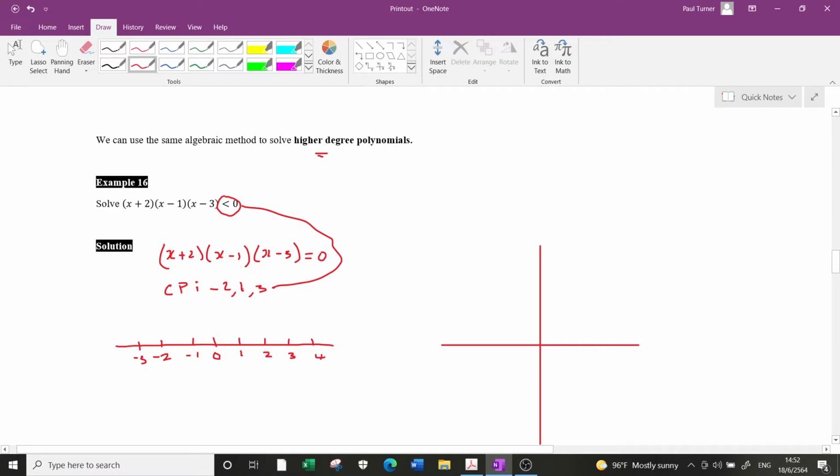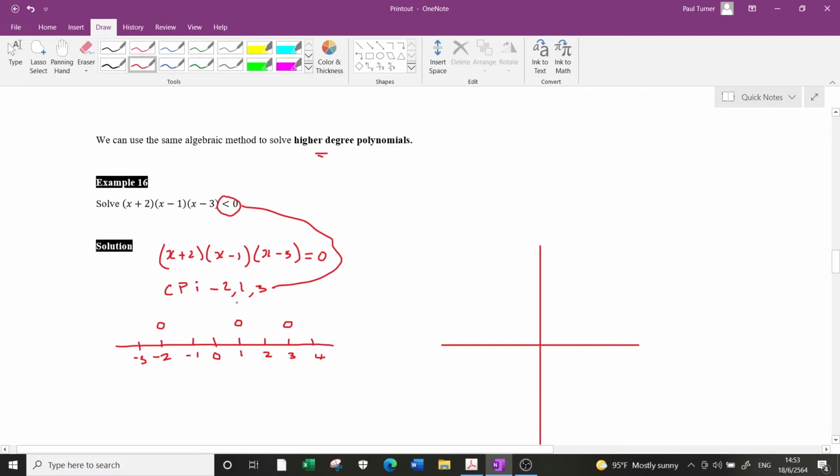So that means we have to make 1 an open circle here. So 1 is not part of your answer. If I put 1 in here, I'll get 0, right? And 0 is not less than 0. And the same for the other two numbers. So 3 can't be included and -2 can't be included.